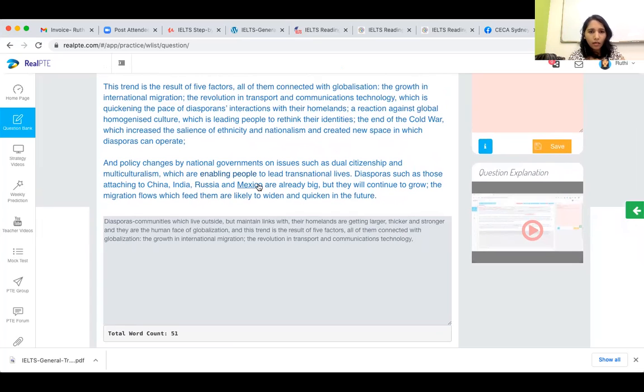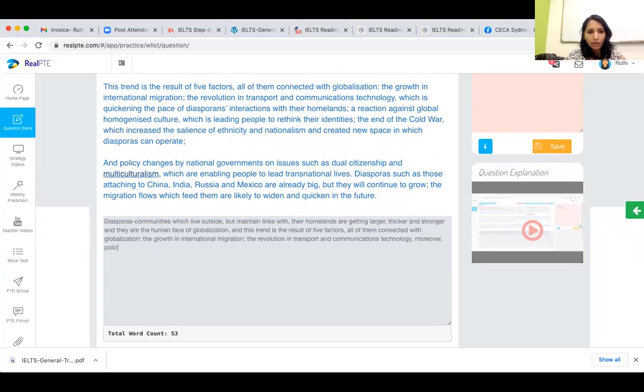Now, "and policy changes". So "and" is something similar. That's adding more information. So I would put "moreover", comma. Then I take maybe this one till here. Okay.